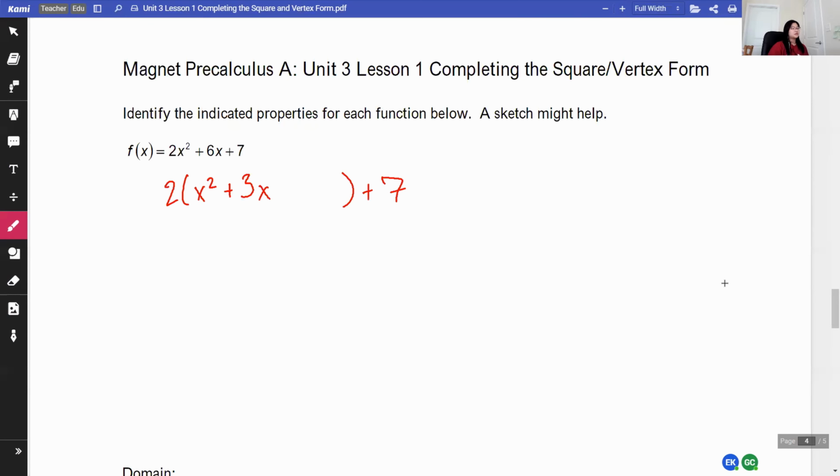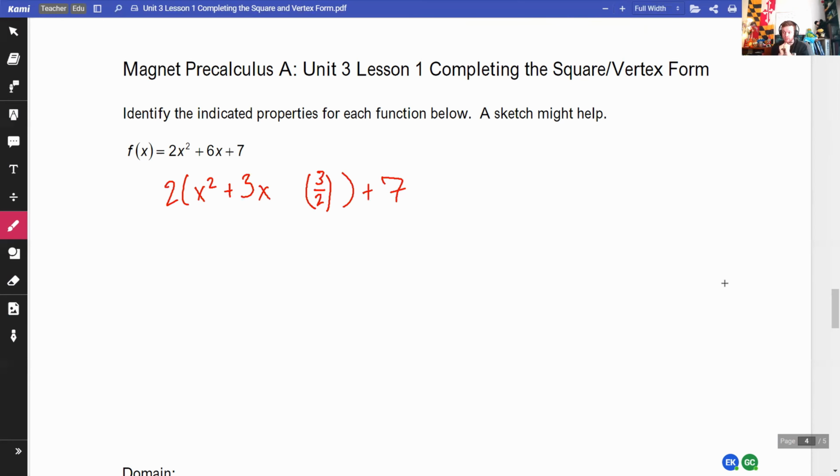So what do we need to make inside the parentheses into a perfect square trinomial? I like that you moved that 7 out. I don't want to think about turning that 7 into a different number. Just leave the 7 on the side, because now I can look at this x squared plus 3x. B is 3. I want to divide that by 2, which gives 3 halves.